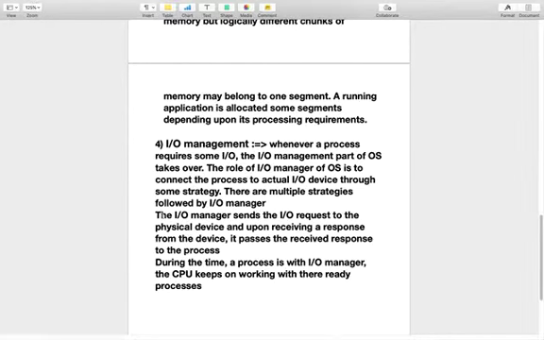First, the input output manager sends the input output request to the physical device. Upon receiving a response from the device, it passes the received response to the process. During the time the process is with the input output manager, the CPU keeps on working with other ready processes.